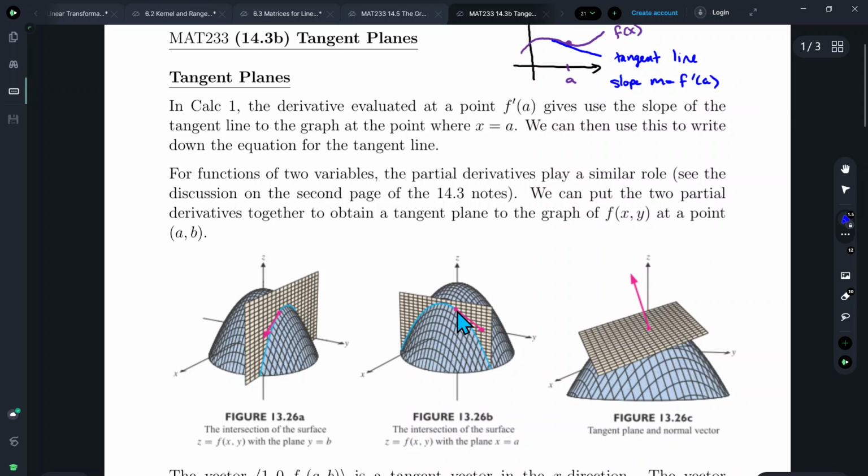And similarly here, these grid lines would be parallel to the x direction. These grid lines would be parallel to the y direction. So the pink arrow here is indicating the direction of the slope for the partial derivative with respect to x, and similarly here the partial derivative with respect to y is the slope indicated here.